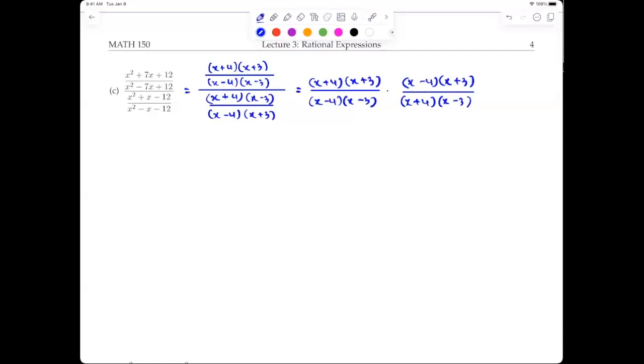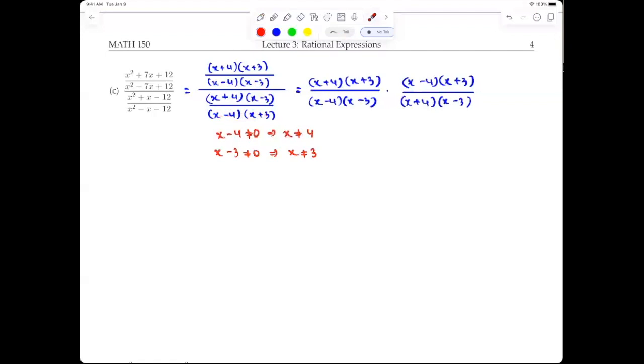Any questions? Conditions. Next step is conditions. So here for x minus 4 and x minus 3, you do x minus 4 different from 0 implies that x different from 4. X minus 3 different from 0, x is different from 3.